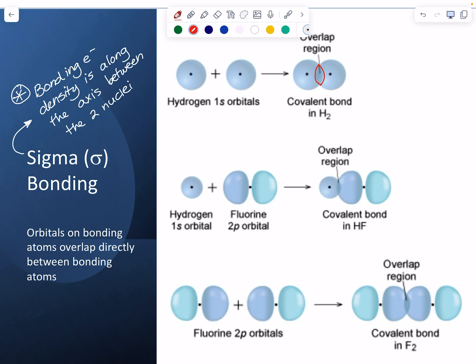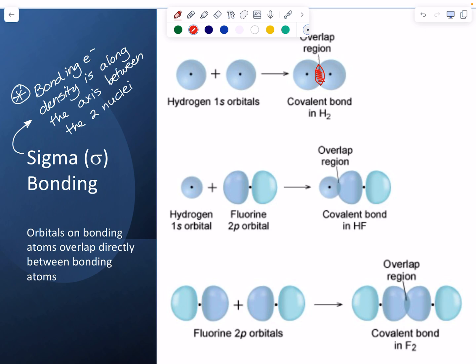And this is where our bonding electrons would spend their time, living, if you will, or residing. So now, if we want to talk about hydrogen with its 1s orbital bonding to an atom that has electrons in a p orbital, say, remember that we have p orbitals that go in three directions, right?